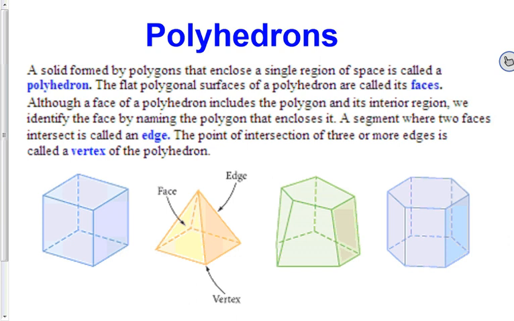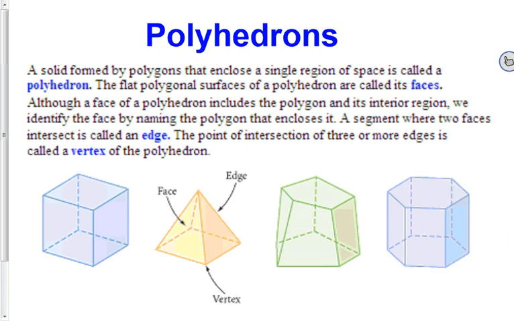A segment where two faces intersect is called an edge. The point of intersection of three or more edges is called a vertex of the polyhedron. So as you can see, there are several vocabulary terms there, and I highly recommend pausing, rewinding, going back, and taking these notes thoroughly.